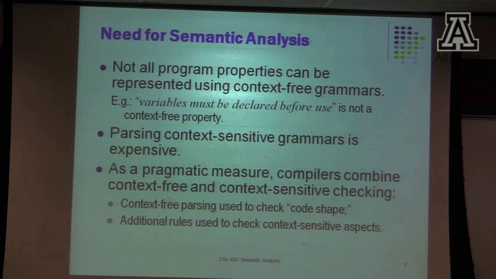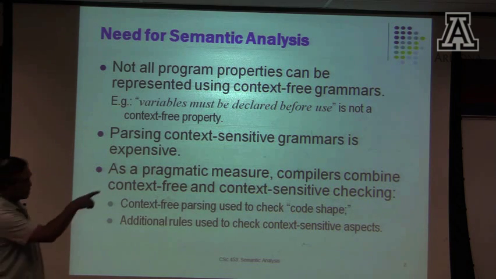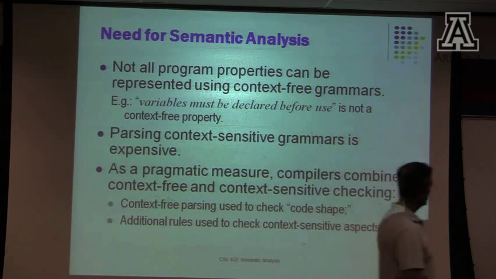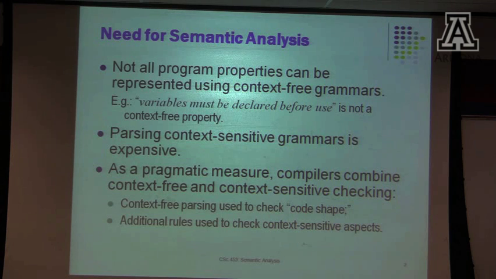Now, it turns out that parsing context-sensitive languages, actually, let me back up a little bit. There's something in formal languages called the Chomsky hierarchy of languages. At the bottom, the simplest is regular languages. Then you have context-free languages. Then you have context-sensitive languages. And then you have what are called general languages. Regular languages are really easy to handle.